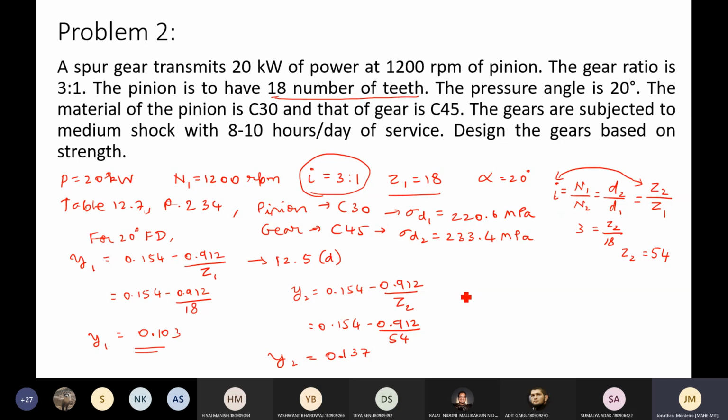So compare. If there is any error or questions, you can ask, no problem. Find out what is sigma d1 y1, the product, and what is sigma d2 y2, and let us know which is the weaker member.